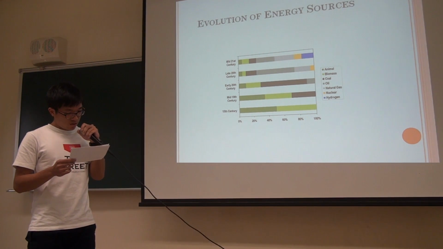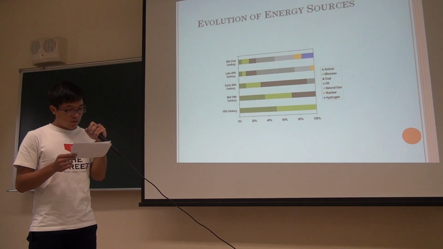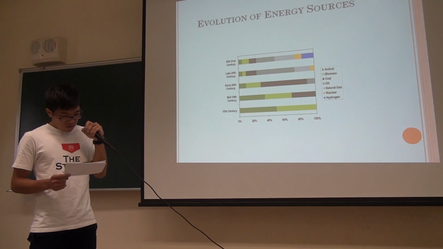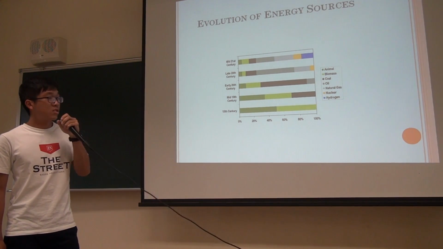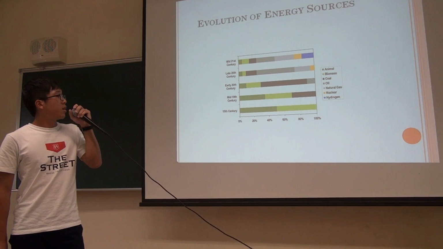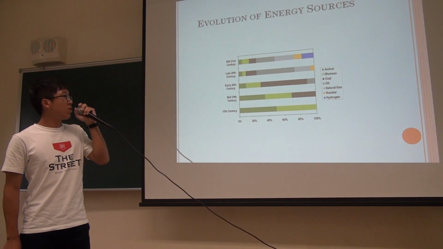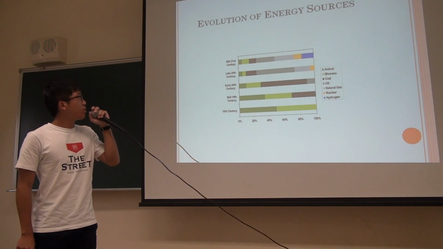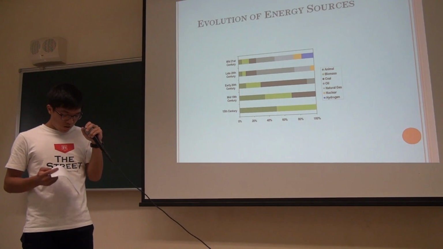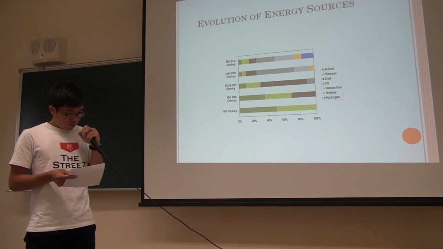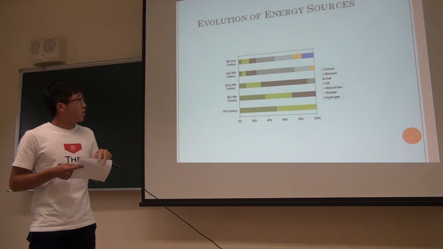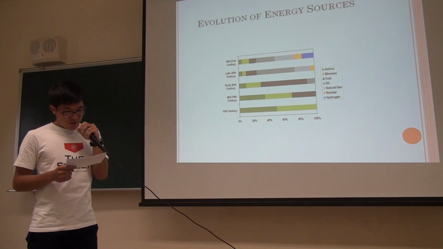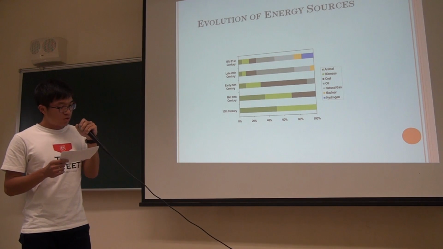And in the 20th century, petroleum products increased, and so the demand for oil also increased. And the mid 21st century is characterized by some major shifts in energy sources.